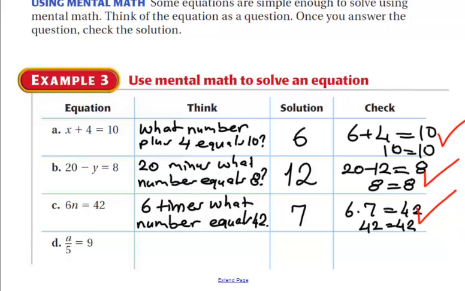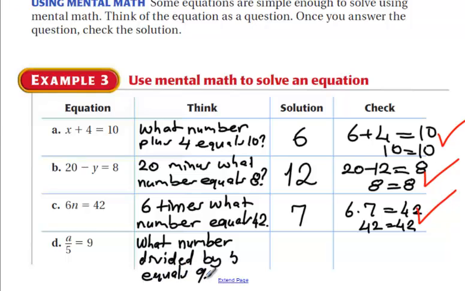Next question. Again we have to think verbally, so mentally: what number divided by 5 equals 9?